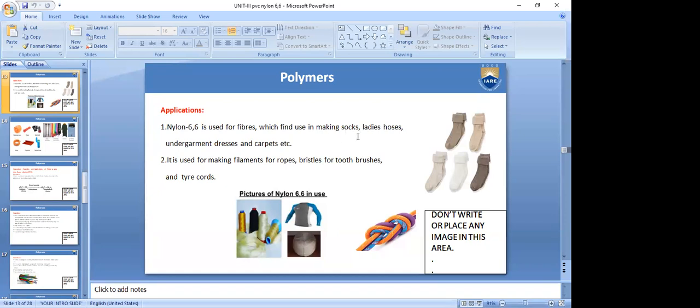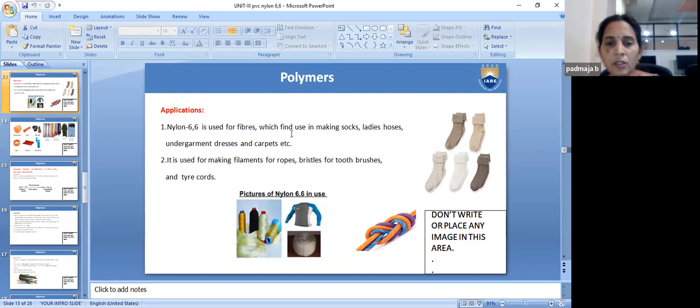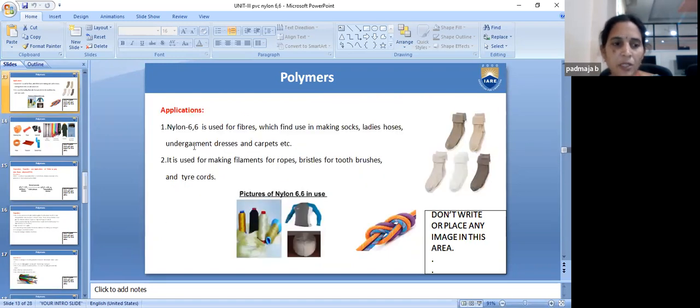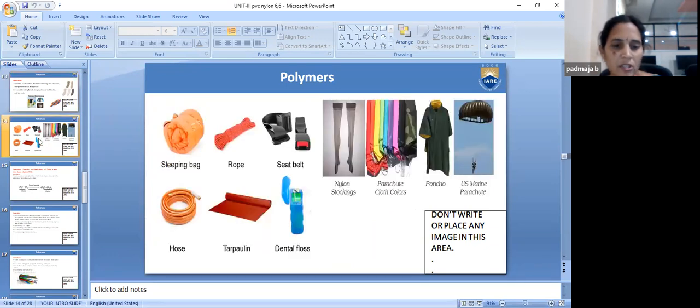We will make socks, ladies' stockings, undergarments, dresses, carpets. We will make ropes, bristles for toothbrush, and tire cords, etc.